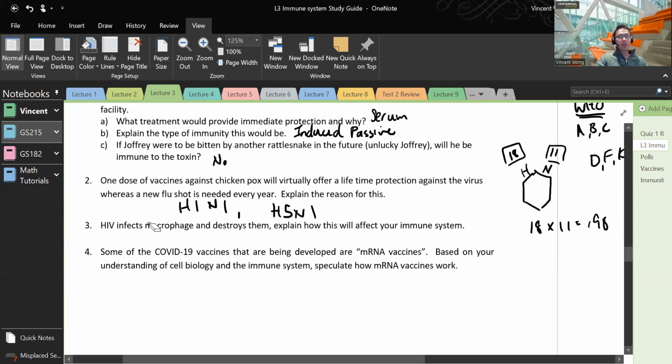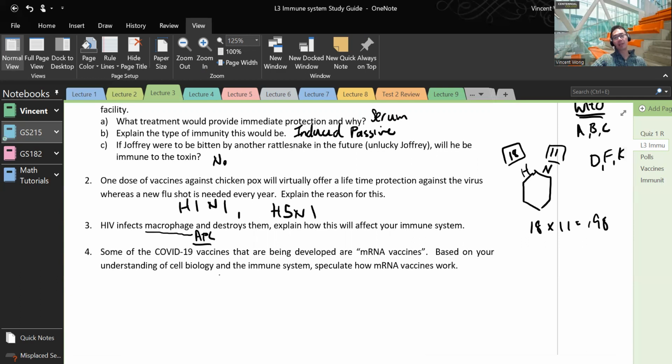Okay, moving on. HIV infects macrophages and destroys them. Explain how this will affect your immune system. As you know, the macrophage is an APC. If you destroy the APC, you will not be able to mount an effective adaptive immunity because you cannot activate the naive T cells. So you eventually only have innate immunity.